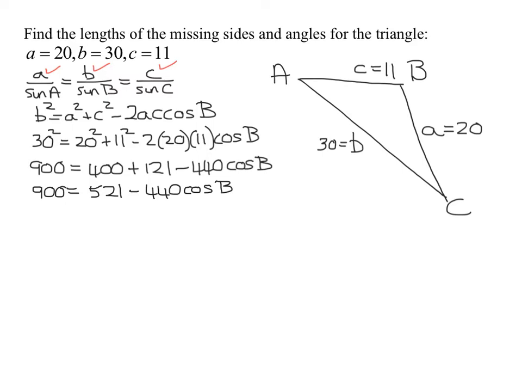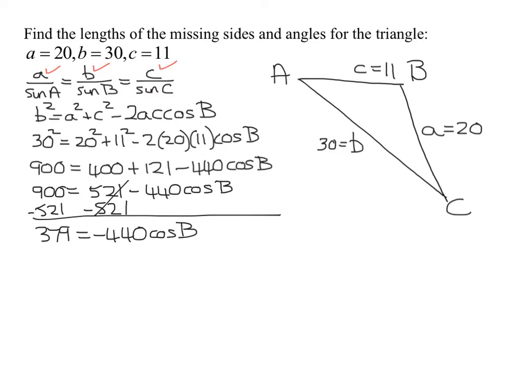And so now I'm going to subtract 521 from both sides. And I get 379 is negative 440 the cosine of B. So now I have to divide both sides by negative 440.